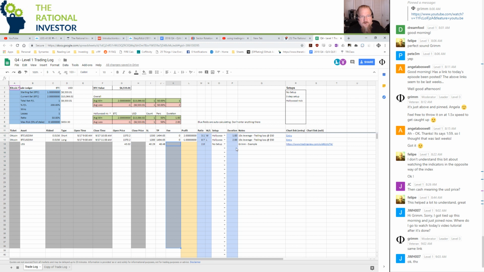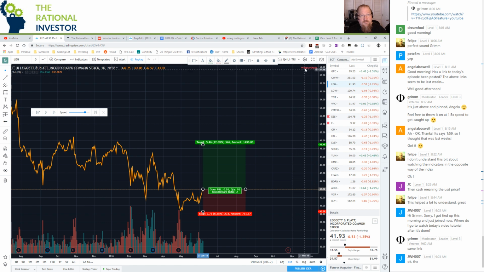Anything colored, you don't enter anything yourself. Just enter what's the asset, where am I opening it, where's my stop loss, where's my take profit. What setup did I use? For you guys, it's going to be no setup for all of them because we haven't gone into any of the indicators yet. And give me some notes and give me a screenshot.